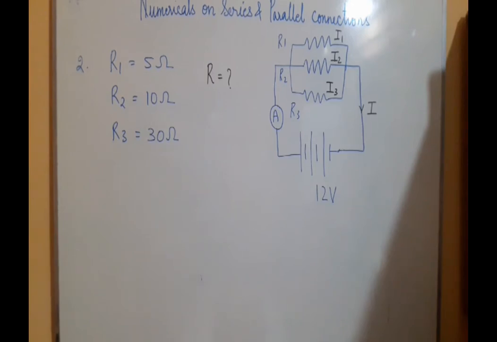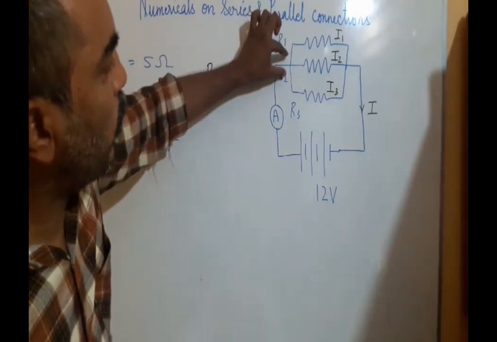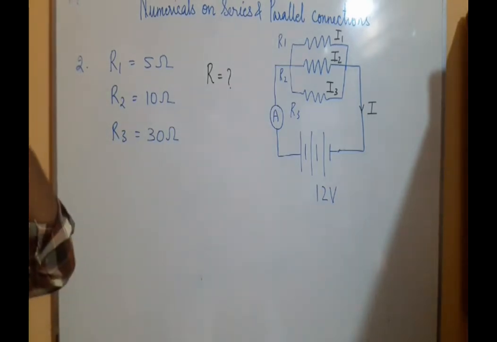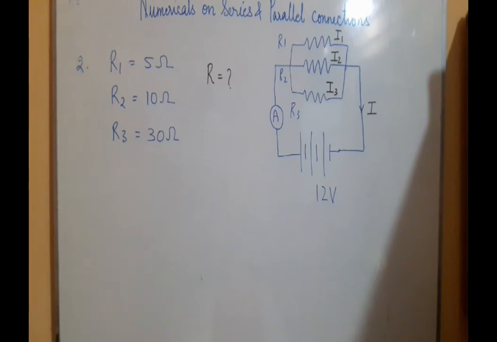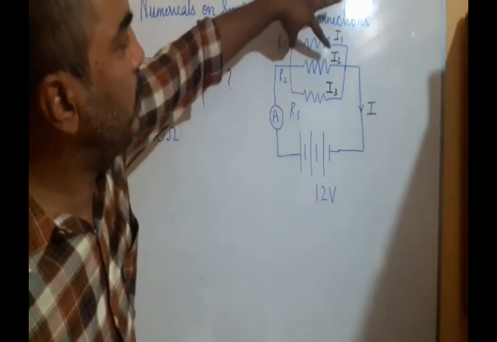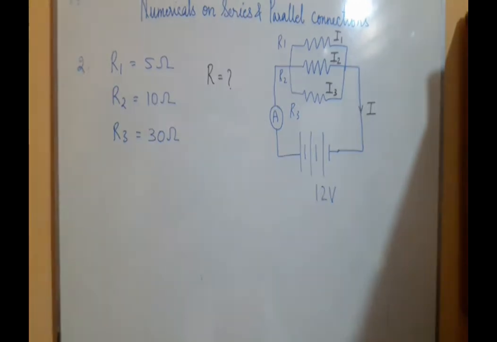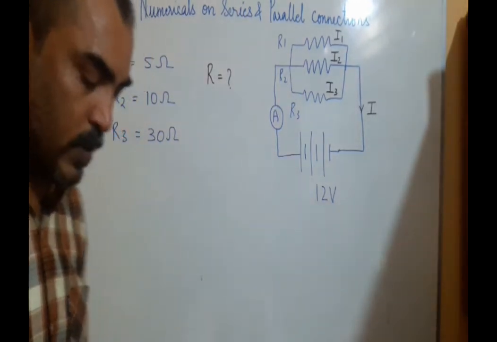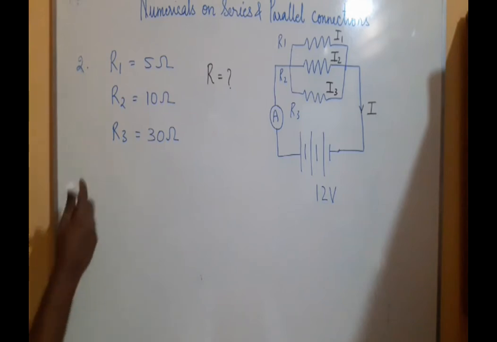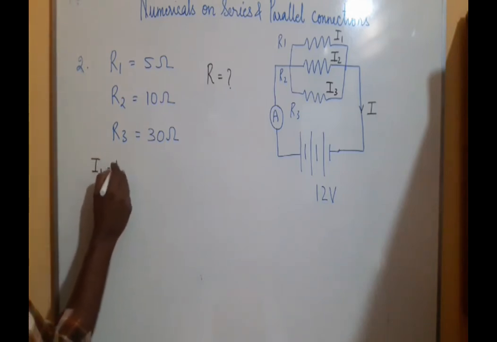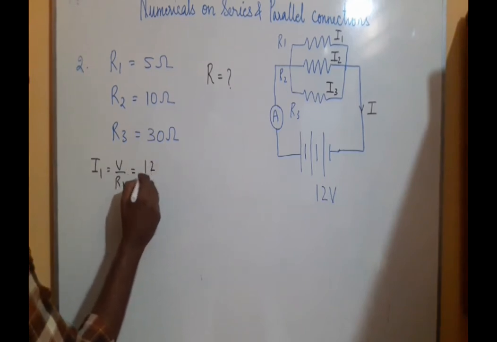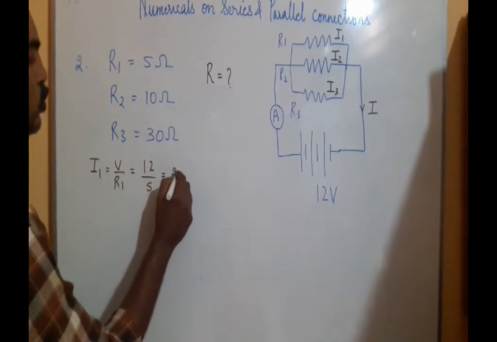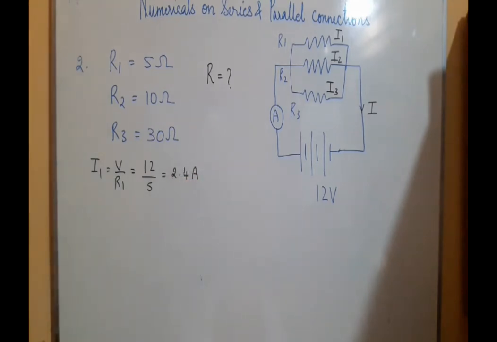Now what did we learn in a parallel connection? In a parallel connection, the voltage at every point remains the same. Yes, remains constant. If you revise our video on parallel connections, you will find that the voltage across every resistor remains constant. So what is the voltage? 12 volt. So applying Ohm's law, we will have I1 equal to V upon R1 equal to 12 upon 5 equal to 2.4 ampere.